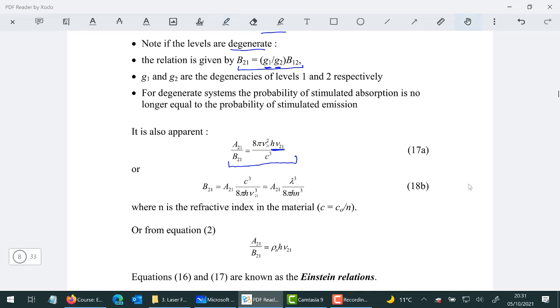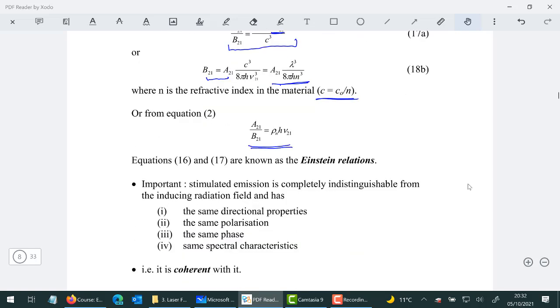So we can establish a relationship between the A and B coefficients, where the B coefficient and the A coefficient are related to the wavelength to the power of 3 and the refractive index to the power of 3, where we've used the relationship that the speed of light in the material is equal to the speed of light divided by the refractive index, or from equation 2, that this equation is valid.